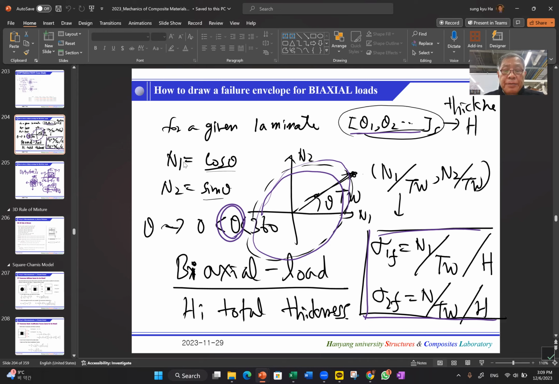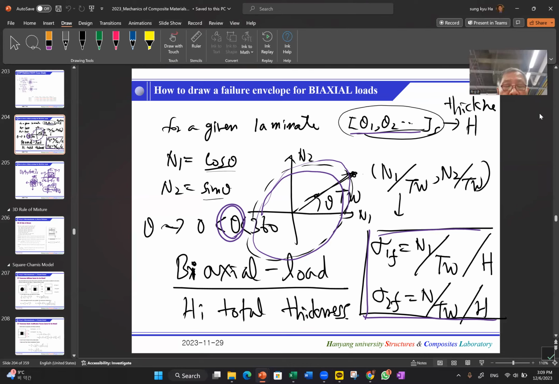Basically, what we can do is draw this, let's say, only for N1 and N2, whatever laminate we have, and we'd like to understand which load combination will reach the failure.